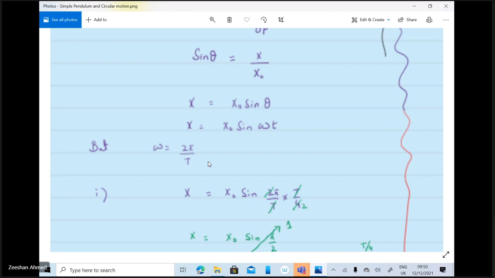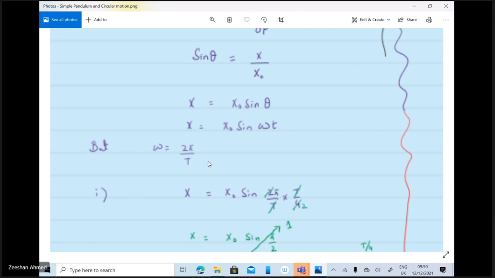What is that? x naught sine pi. I just told you, pi is 180 degrees. x naught sine 180 degrees. If you check on a calculator, sine 180 is equal to 0. So 0 multiplied by anything is 0. Got it?